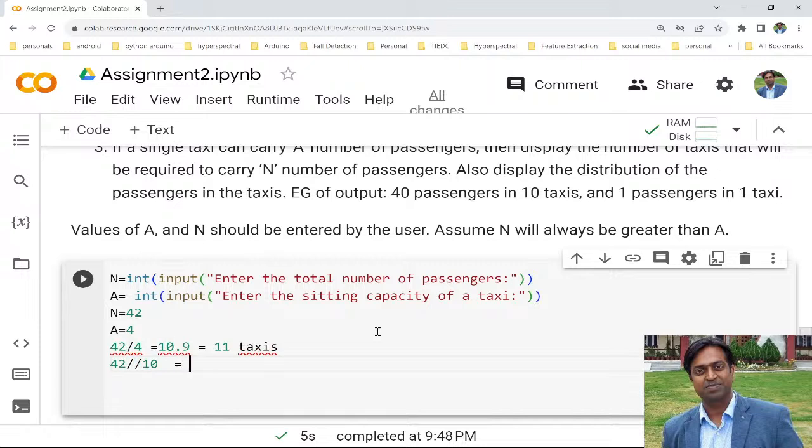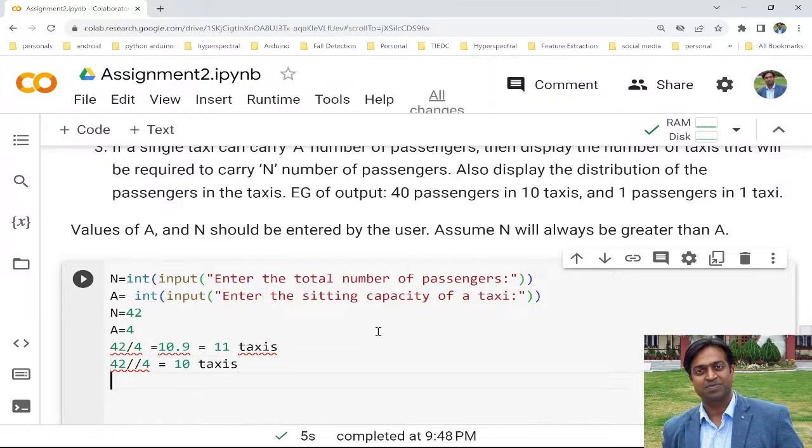What output will I get? In Python we know that this is truncating division. It gives only the integer part, so it is going to return only the integer part 10. So it means 10 taxis, right? And apart from that, if I write 42 % 4, then what will I get? I will get 2. So 2 passengers.